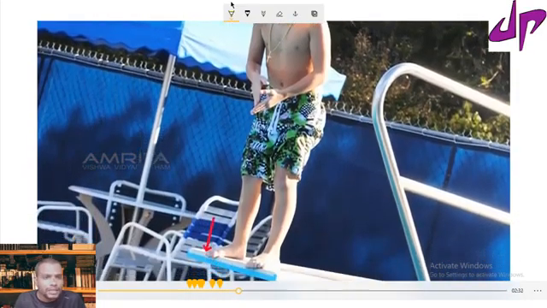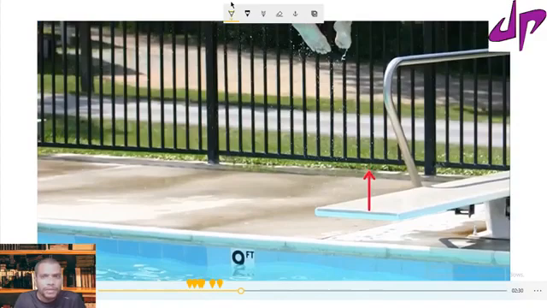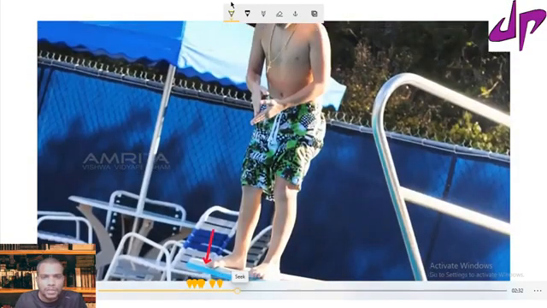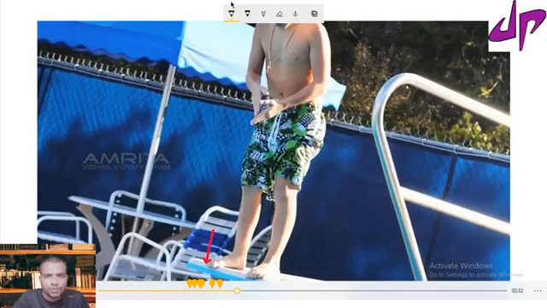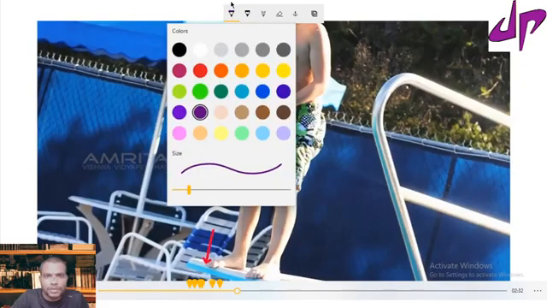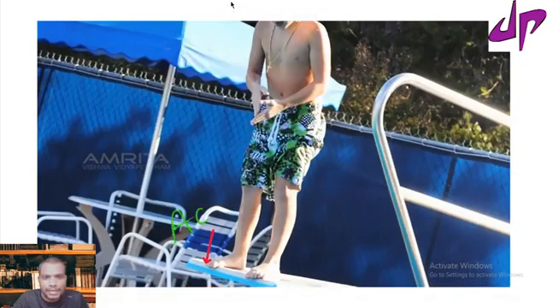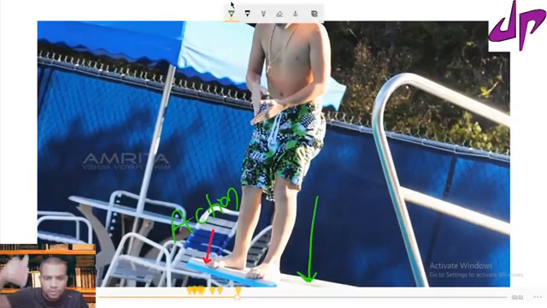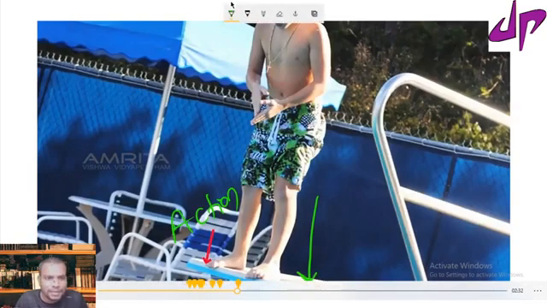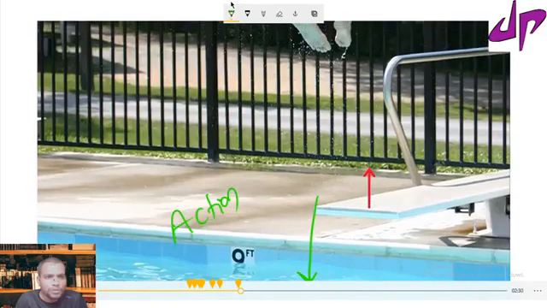See here, when we are jumping on the diving board, we need to apply force here. When we apply force here, this is action, because we push on that diving board, and the diving board will push up.